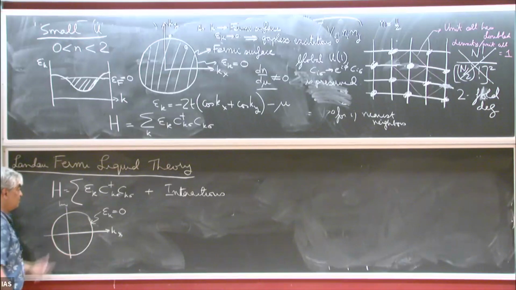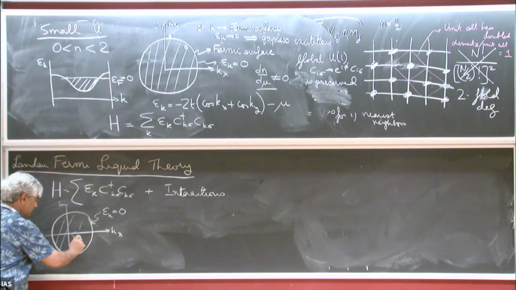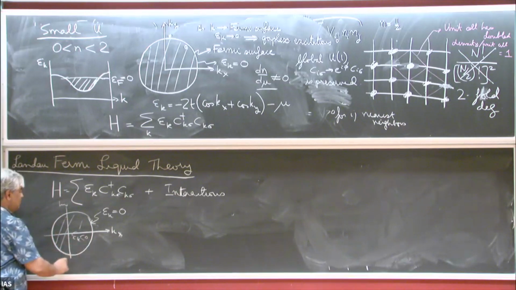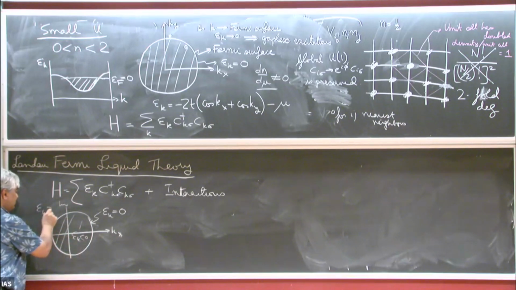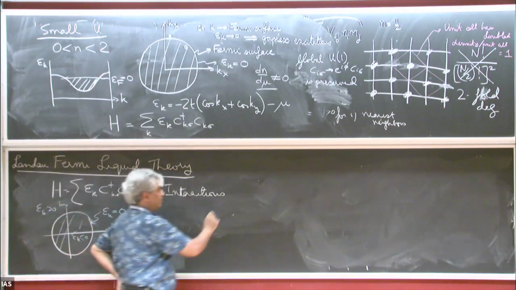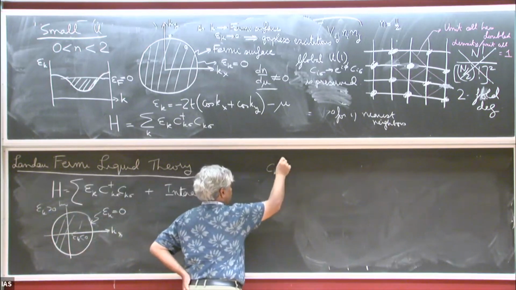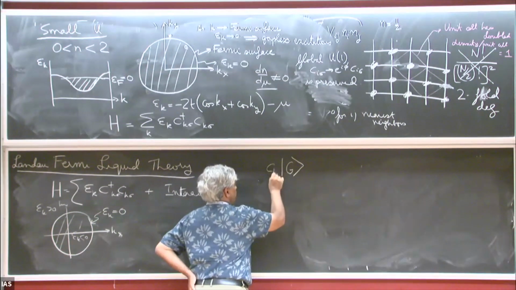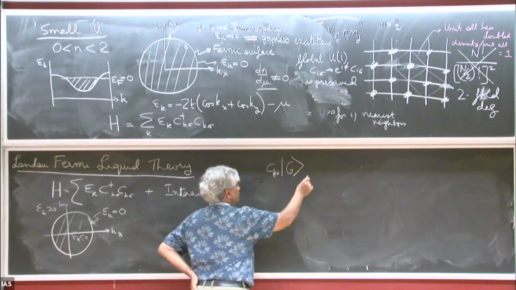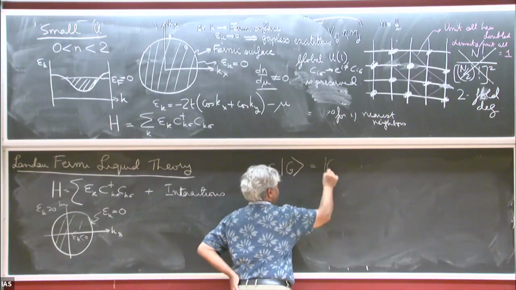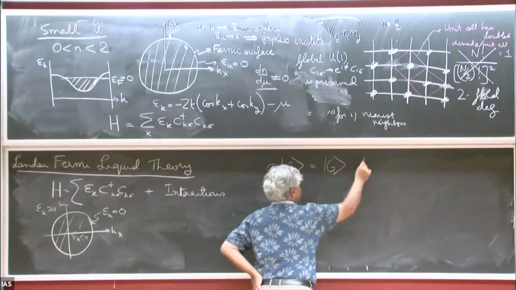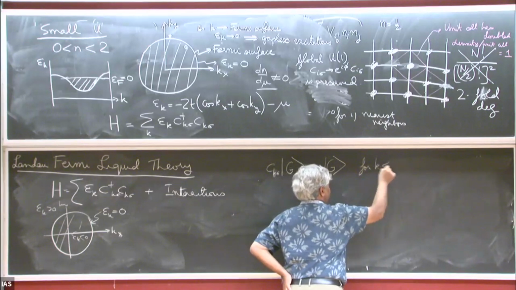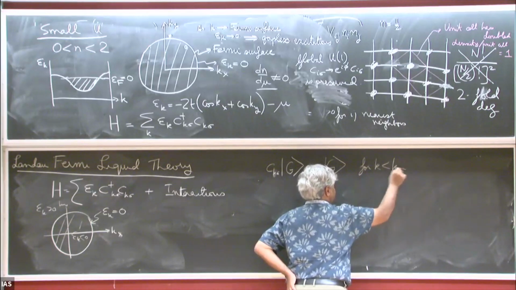So the ground state then obviously is all negative energy states occupied, epsilon k less than 0, and here epsilon k is greater than 0. So if I annihilate a particle in the ground state, this is going to give me the ground state, at least for free electrons, for k less than kF.